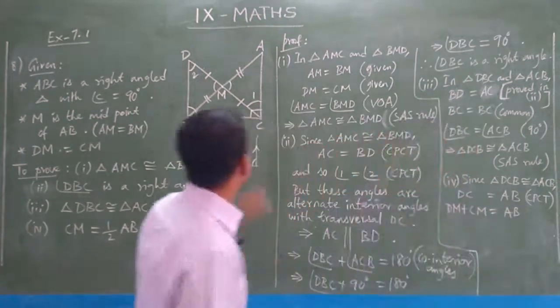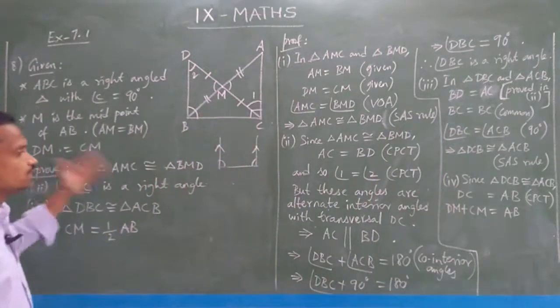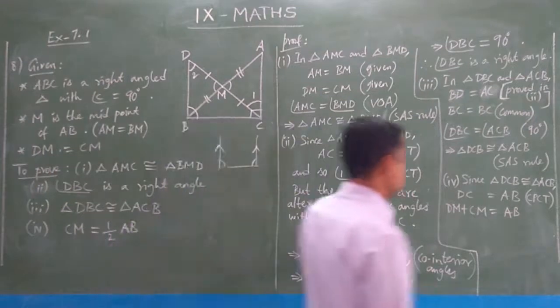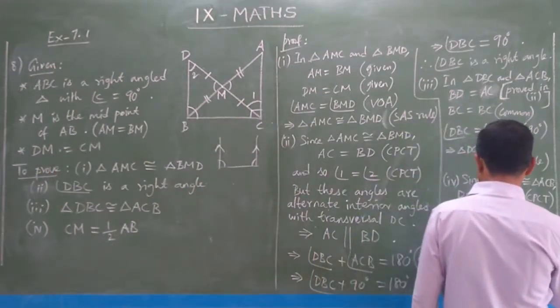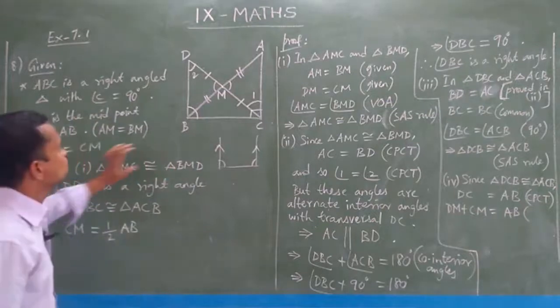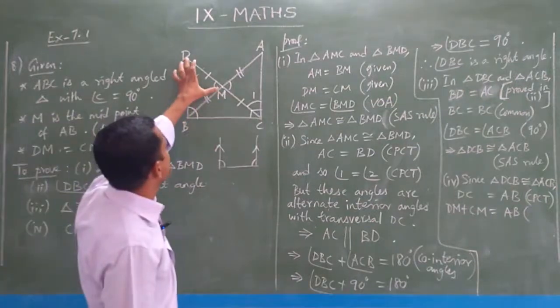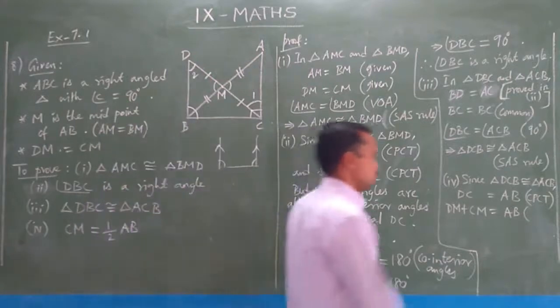Clear? And now DC we can write as DM plus CM. Why? Because it is given that CM and DM are equal, and M is the midpoint. So we can add DM and MC to get DC.